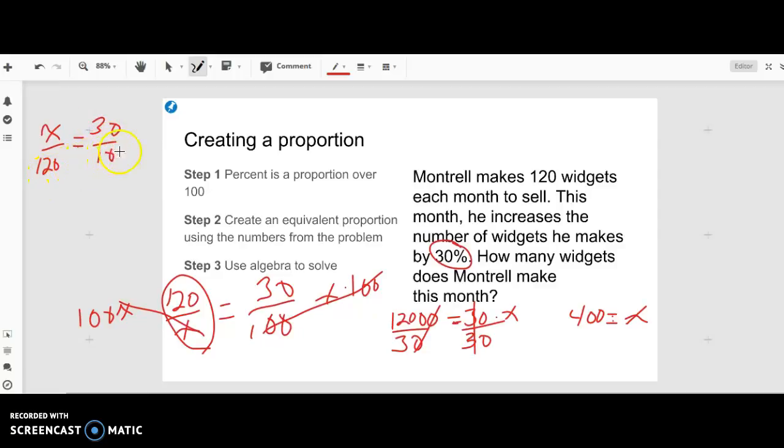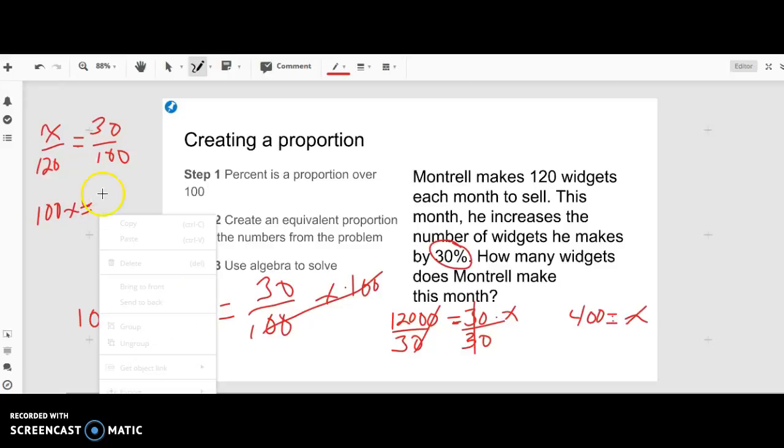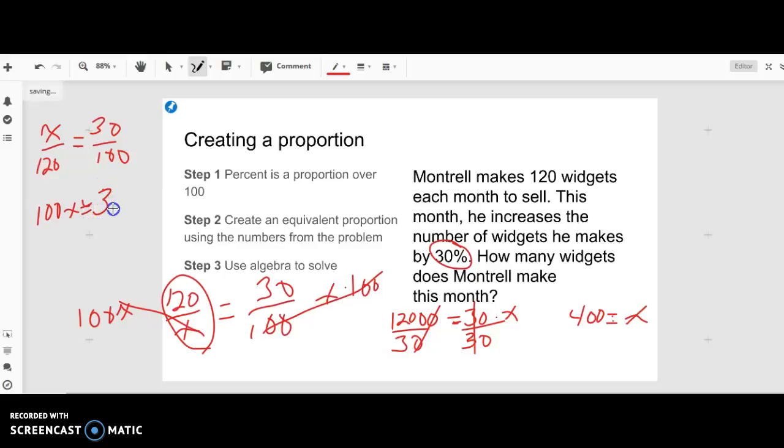Now I'm going to multiply this side by 120 and 100, and this side by 120 and 100, so that would be 100x equals 120 times 30, and we've done that problem before. That's 36. 3 times 12 is 36. I've got 2 zeros there. 3,600. This is looking better.